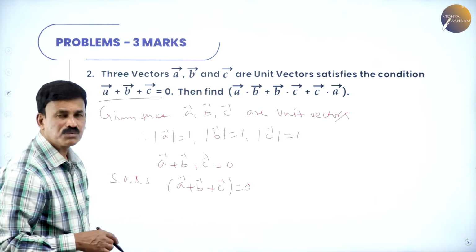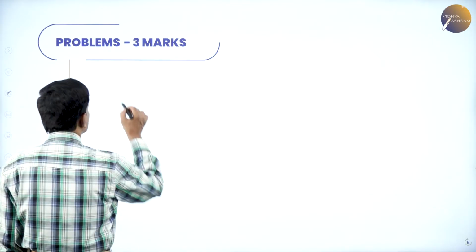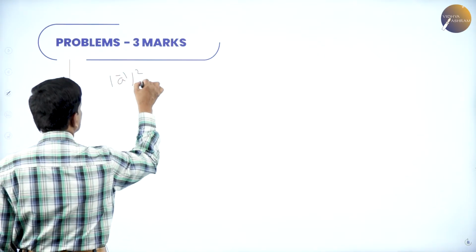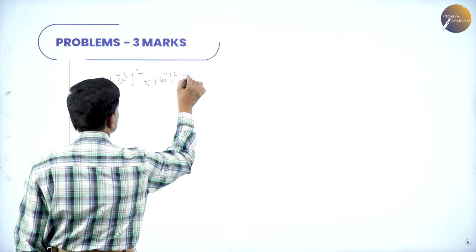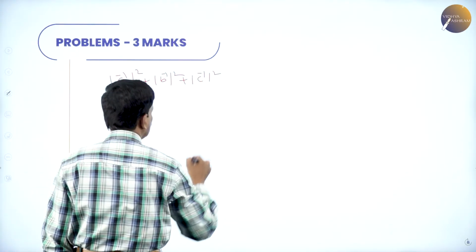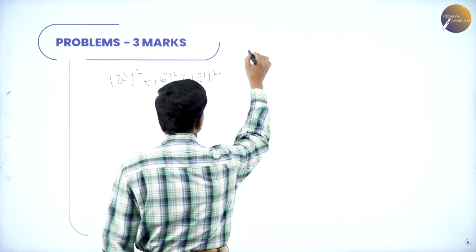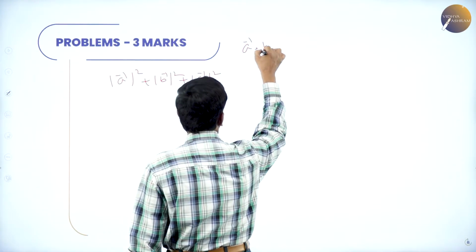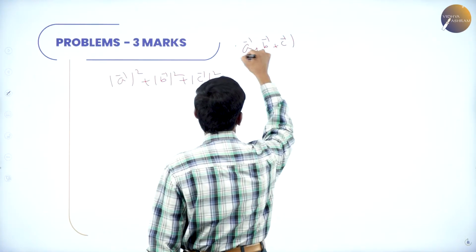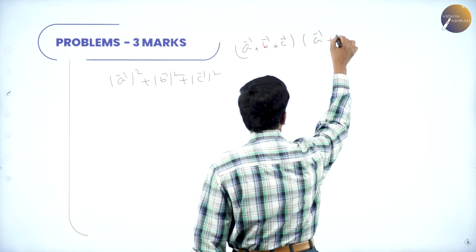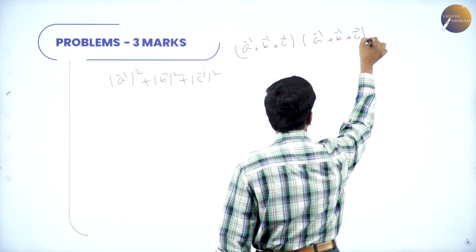From the previous problem we have derived this. So this can be written as length of A square plus length of B square plus length of C square. Because if you write A plus B plus C whole square as A plus B plus C dot A plus B plus C is equal to 0.